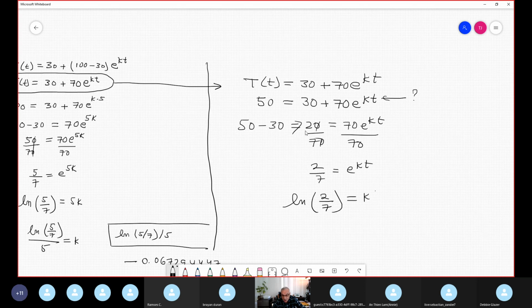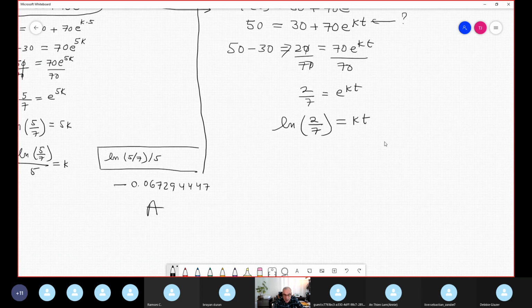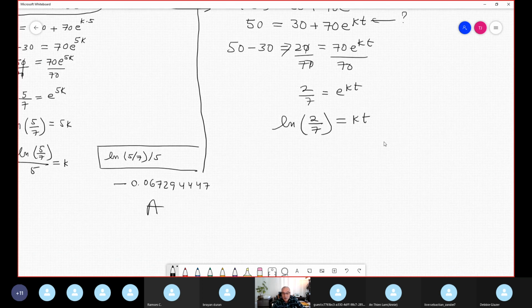I know that this is kt, but I need to find t because I have k. It's the natural logarithm of 2 over 7 divided by k. And this is the time. The time is always a positive number because the time travels in the positive direction, never to go back.